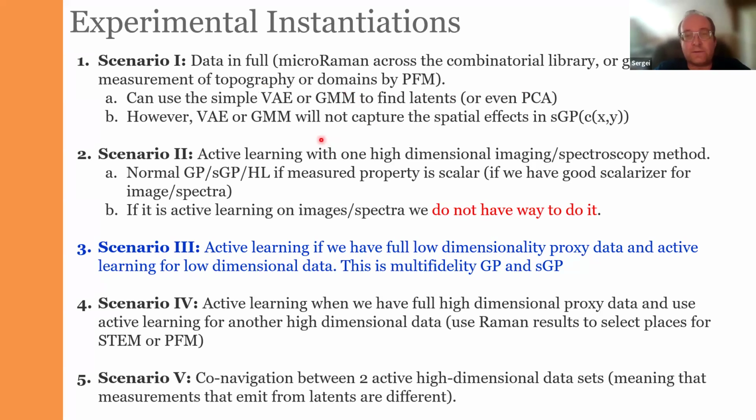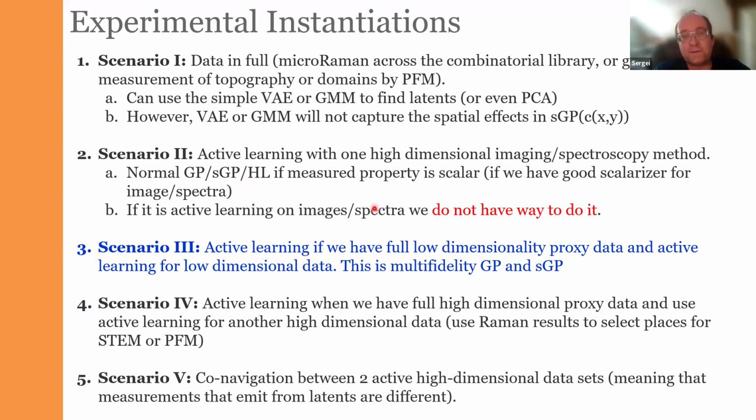Another scenario is when we want to use active learning. Active learning depends on low-dimensional data, or on having a good scalarizer for our data. Then this can be done by a Gaussian process or structured Gaussian process or something like that.